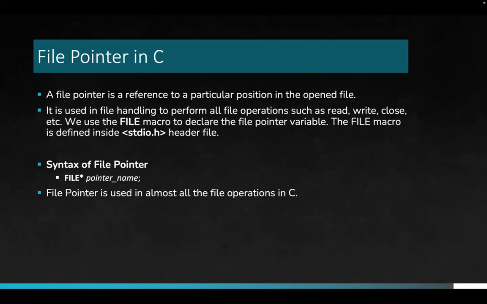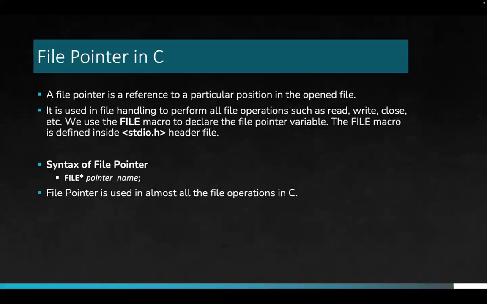It is basically used to perform all the file operations. This file pointer performs all the file operations like read, write, close, move, wherever it is needed. So how do these functions get accessed in your active file? You have to use the stdio.h header file.